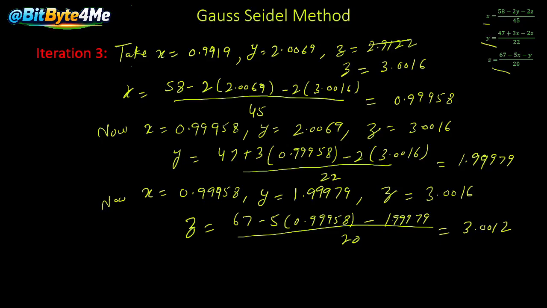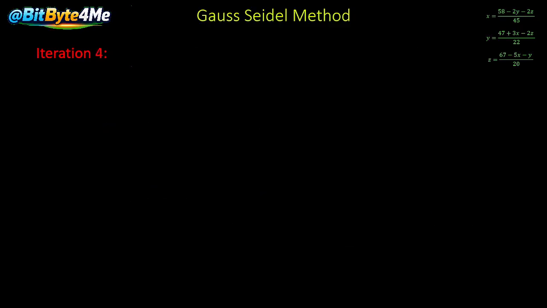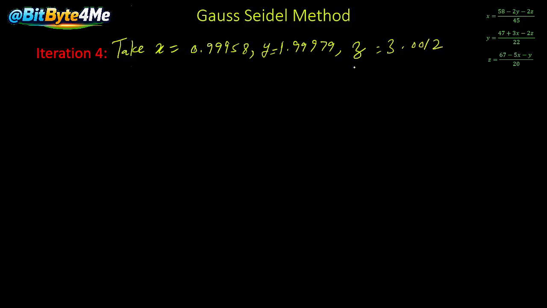These values will be used in the next iteration. So iteration 4, take x is equal to 0.99958, y is equal to 1.99979, and z is equal to 3.0012.